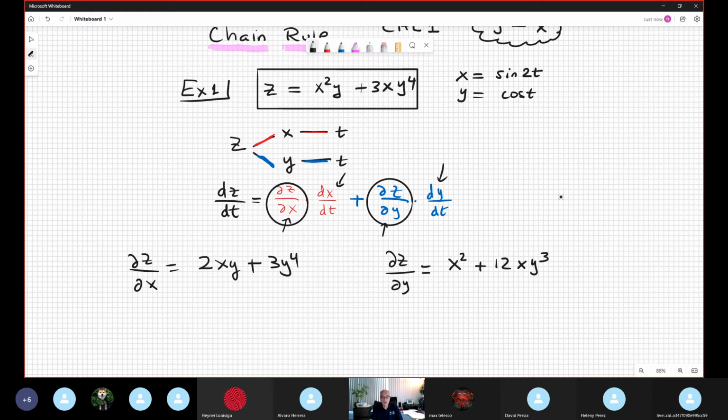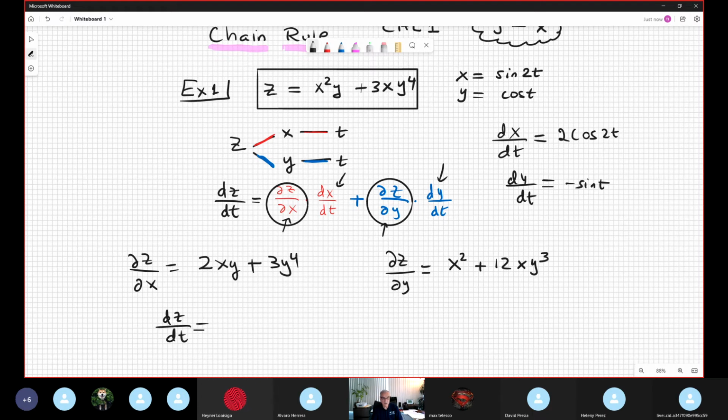And you differentiate separately: dx/dt is the derivative of sine, cosine 2t, and the derivative of the argument is 2, remember the chain rule. And dy/dt is the derivative of cosine, minus sine. Okay, now I put everything together. What is my final answer? The dz/dt.